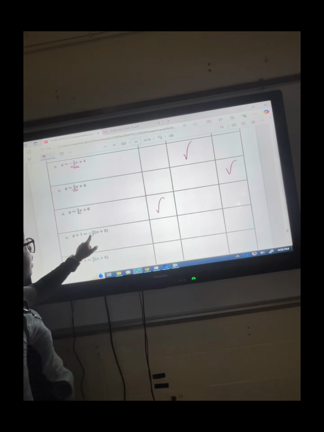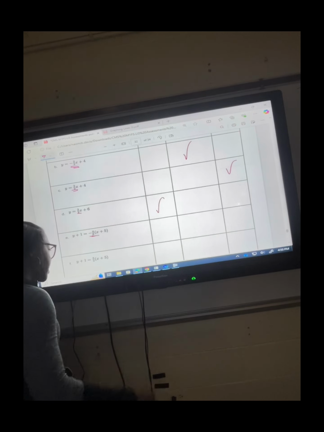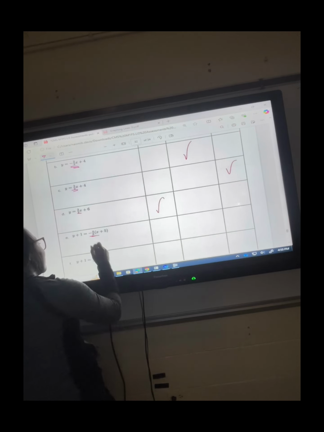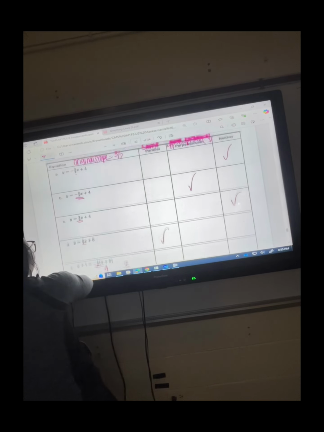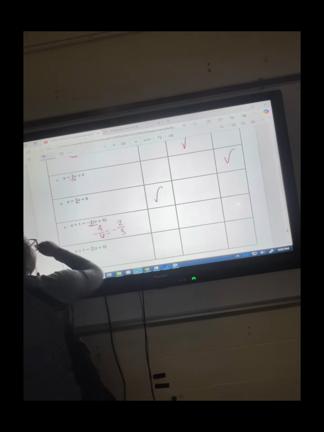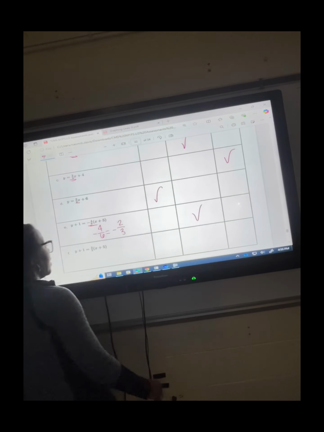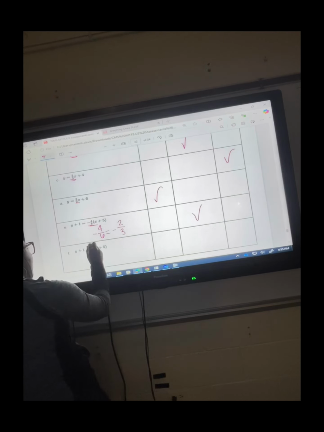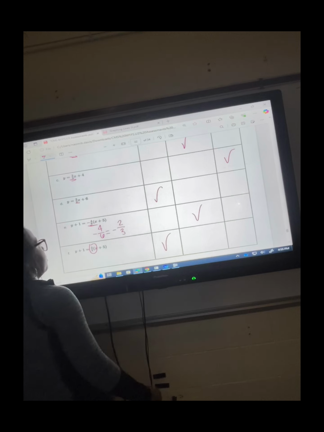My slope right here, -4/6. This is a trick. Because -4/6 simplifies to -2/3. So it is what? Perpendicular. 3/2. Parallel.